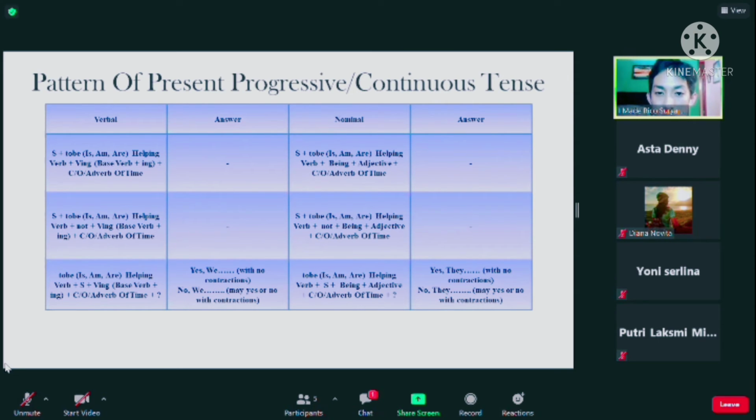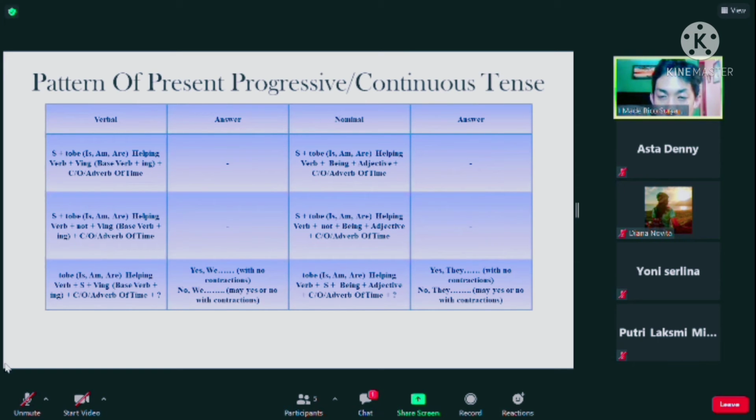And for the nominal, it's quite the same as the verbal. You only put being after the helping verb, and then you put an adjective. That's for the positive, and for the negative you only put not before the word being. And for the interrogative, you put the to be forward.